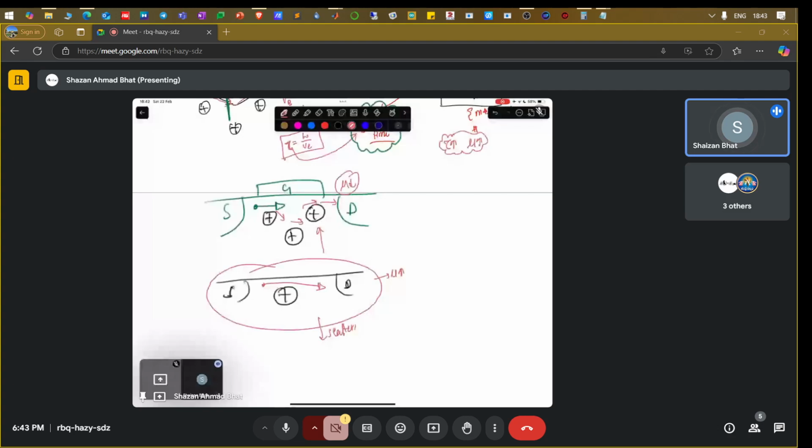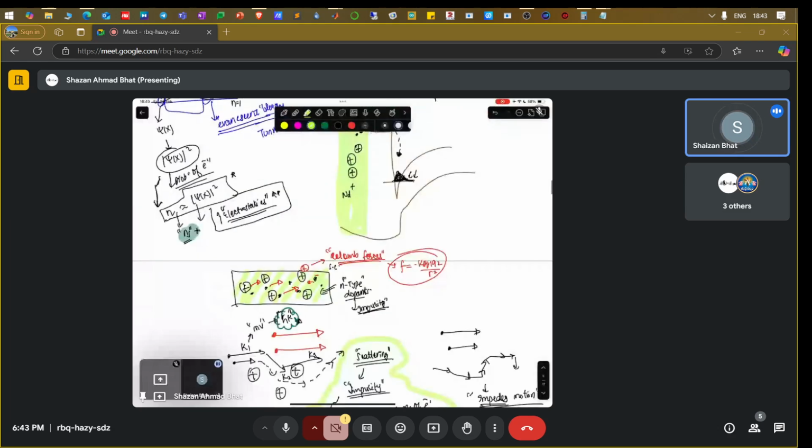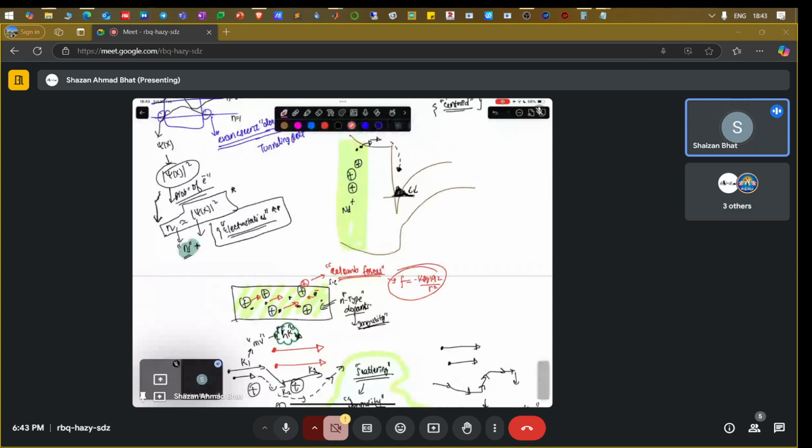Why is this particularly important here? It is important because we have moderately doped this particular region away from the interface. Now consider the scenario that the overall thing was doped uniformly instead of modulation doping.